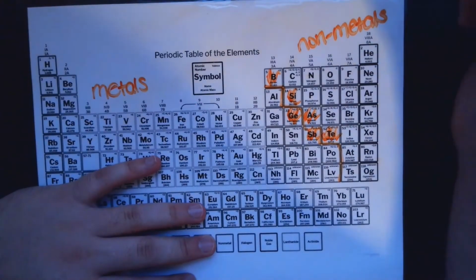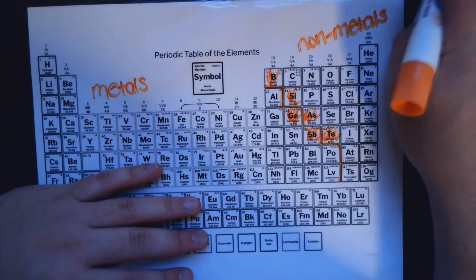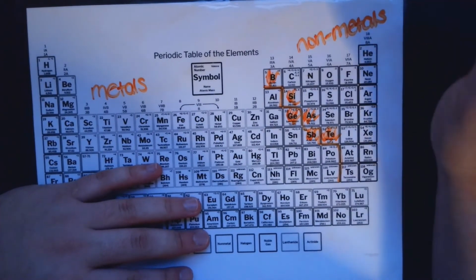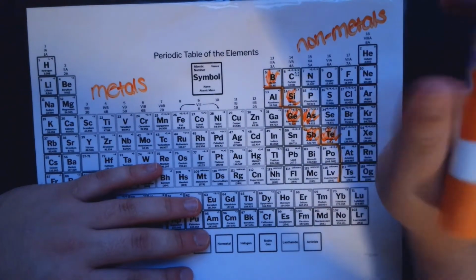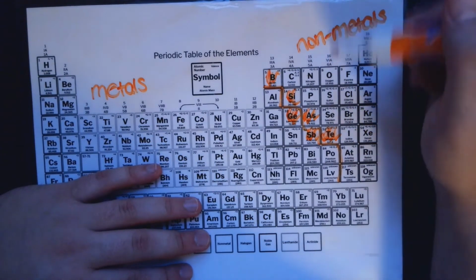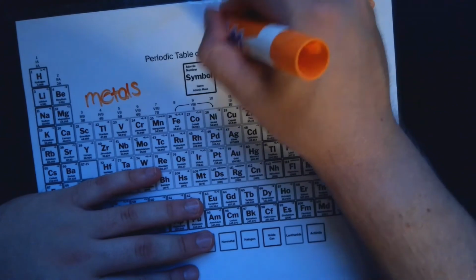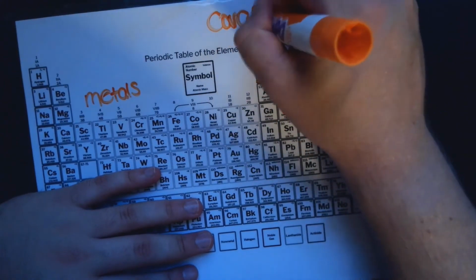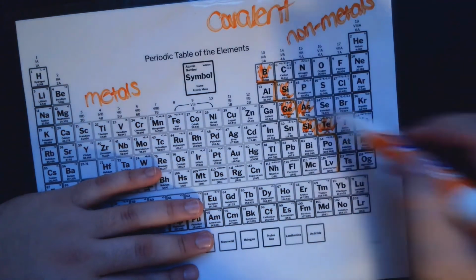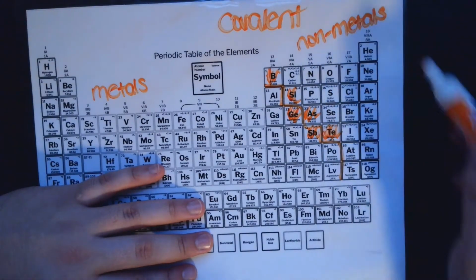Covalent compounds are sometimes also referred to as molecular compounds. I prefer the term covalent. These are between all non-metals. So covalent compounds are compounds that only contain species on this part of the periodic table.